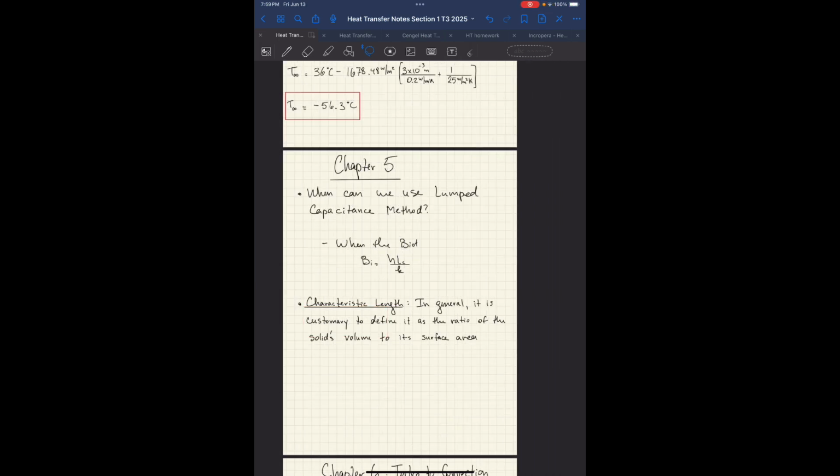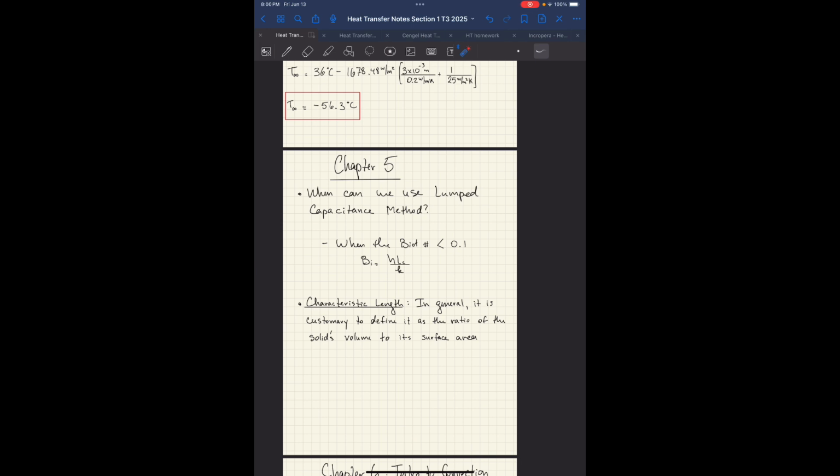So for the lumped capacitance method, make sure you go over the Biot number, know the conservative and customary definitions, and know when you can use the lumped capacitance method. The Biot number has to be less than 0.1. Characteristic length is the length that you would use in your equations, for example for the Reynolds number, Rayleigh number, Nusselt number.